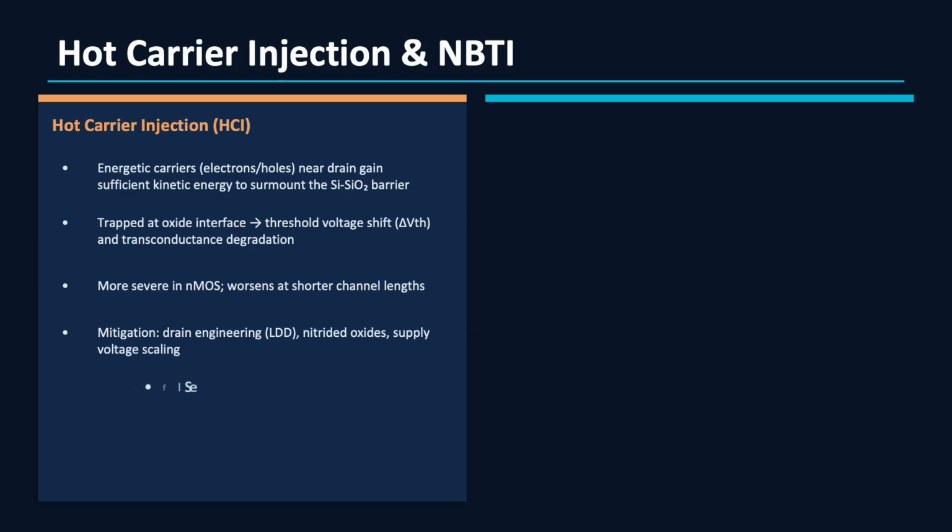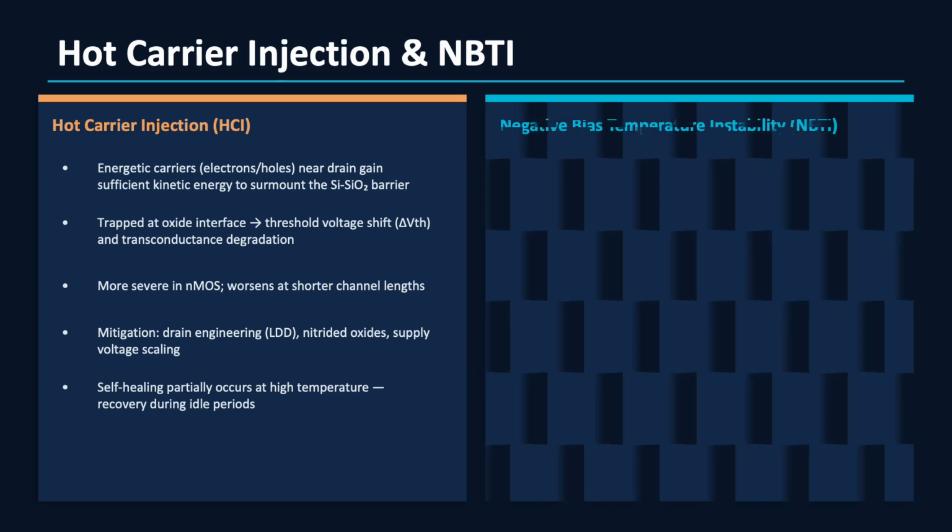Trapped at the oxide interface, this leads to threshold voltage shift and transconductance degradation. It is more severe in NMOS, which worsens at shorter gate lengths. Mitigation includes drain engineering, with partial self-healing occurring at higher temperature.